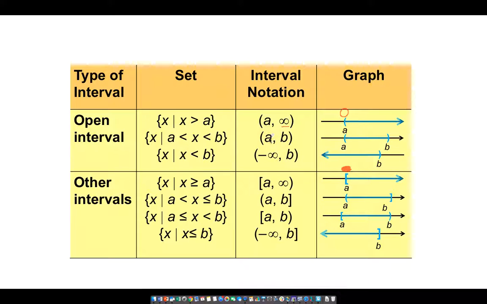So there you go. No infinities. You can read through this and make the connections yourself. It's not all that crazy. When we have or equal to, that's a bracket. So if we go to interval notation, we also have a bracket. But if it's regular less than, then we have a parenthesis. I think we've got another one over here, a very similar thing.